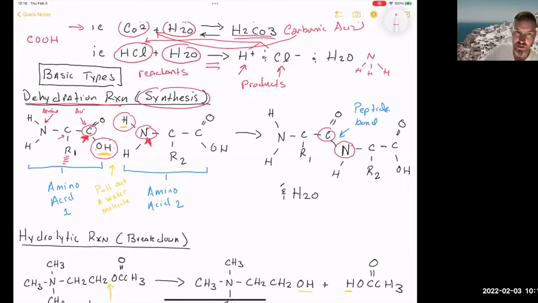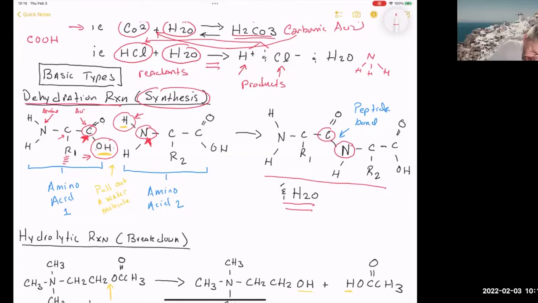And you can see that the H and the OH that we pulled out has formed a water. So we have dehydrated the reactants to produce a product. And this is known as a peptide bond, with the carbon bonding to the nitrogen in amino acids. And this forms the primary structure of proteins.